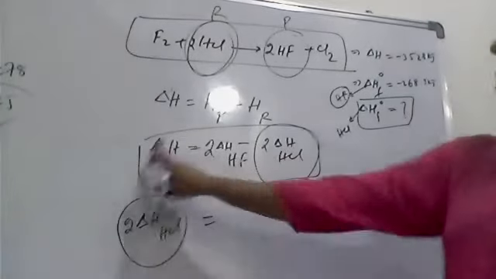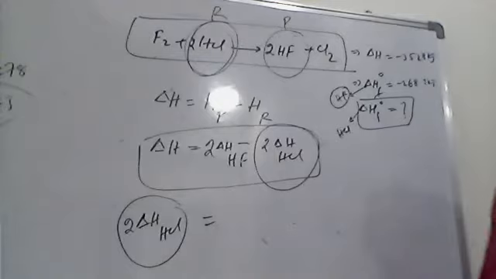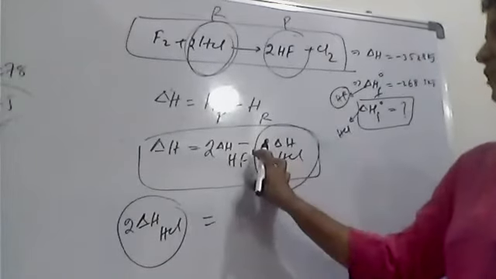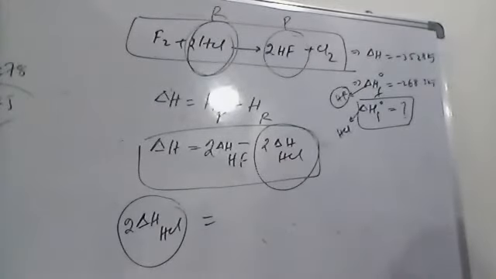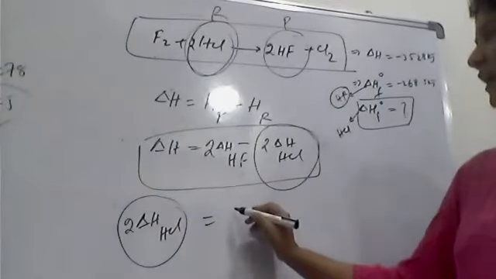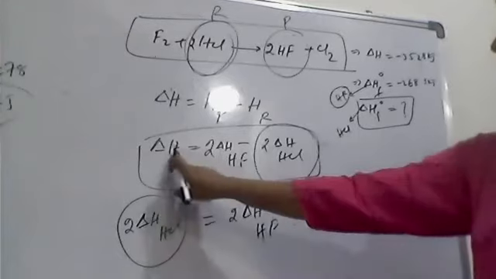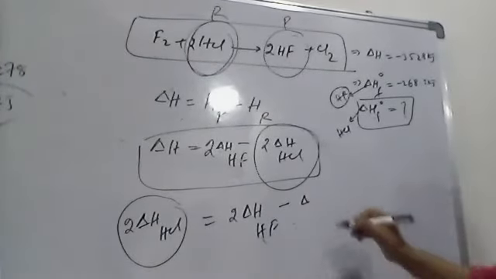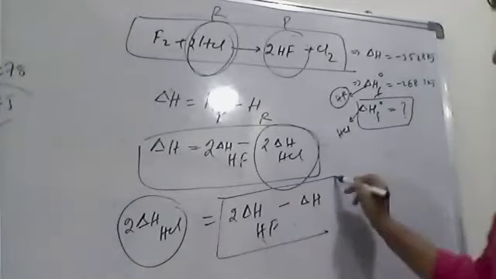When you bring 2 delta H f of HCl to the other side, the minus becomes plus, and bring delta H of the reaction to this side, so the signs are changed.